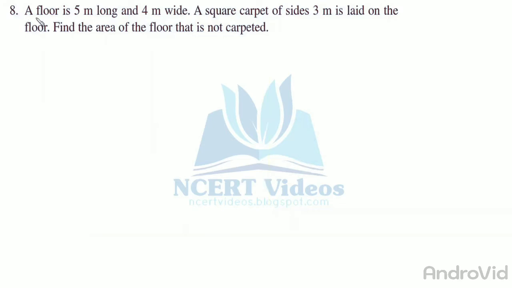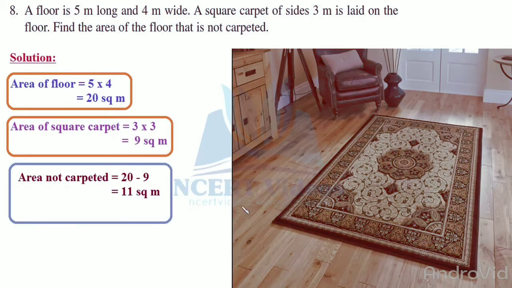Eighth, a floor is 5 meter long and 4 meter wide. A square carpet of sides 3 meter is laid on the floor. Find the area of the floor that is not carpeted. So here the scenario is like this. We have this big floor and carpet size is smaller.